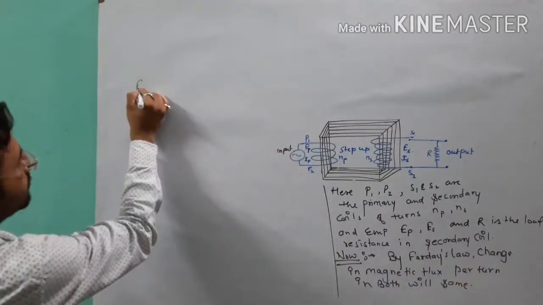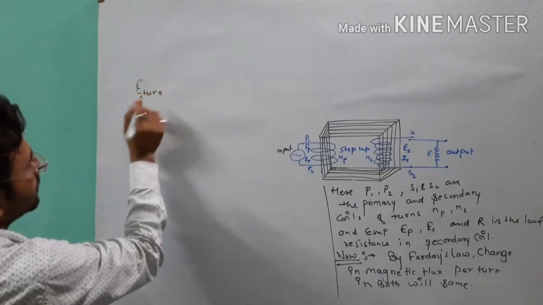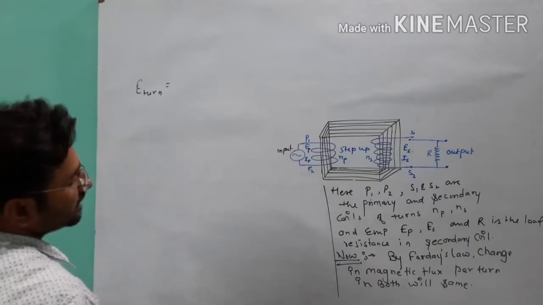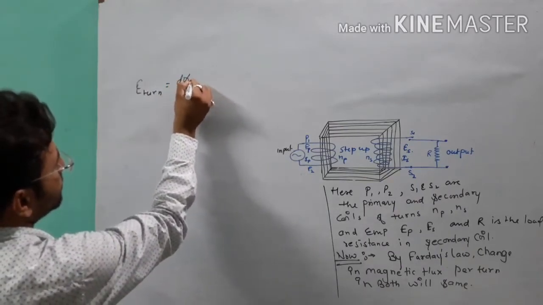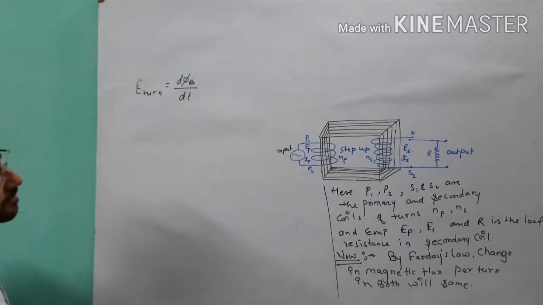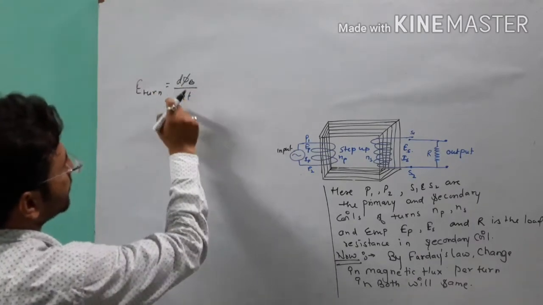So here we can say for per unit turn, E turn means EMF per turn in the primary coil as well as the secondary coil will change. This is the formula of Faraday's second law: E equals the magnitude of d phi over dt.